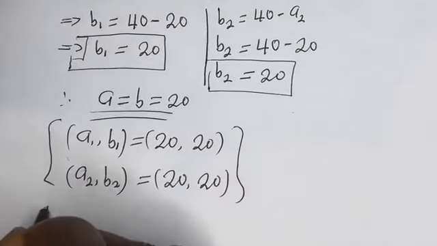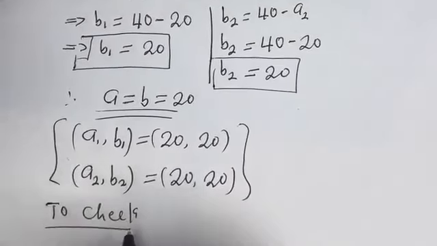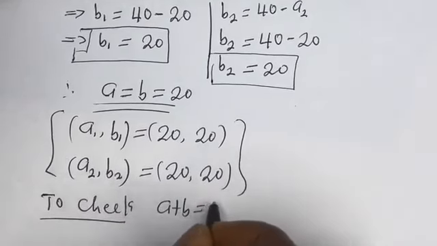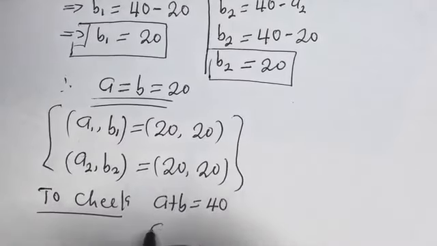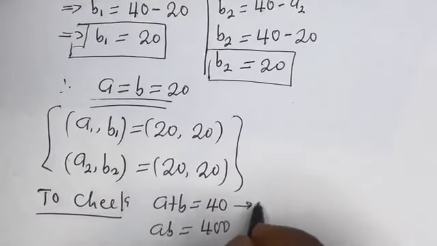Let's check. To check, we have the given equation. A plus B is equal to 40. AB is equal to 400. This is our equation 1, and this is equation 2.